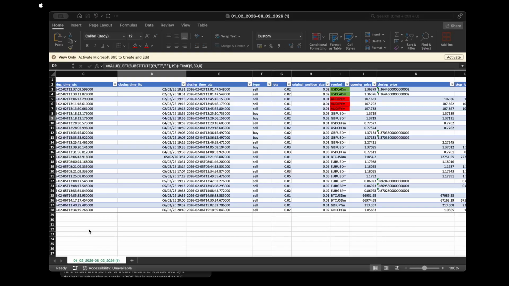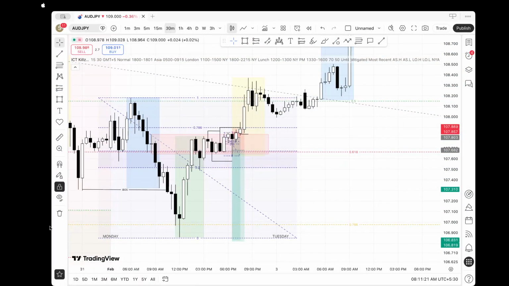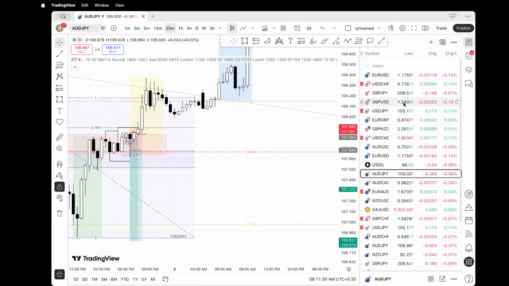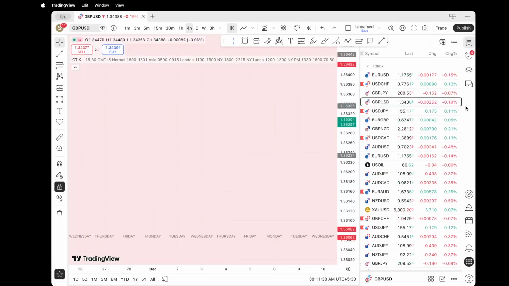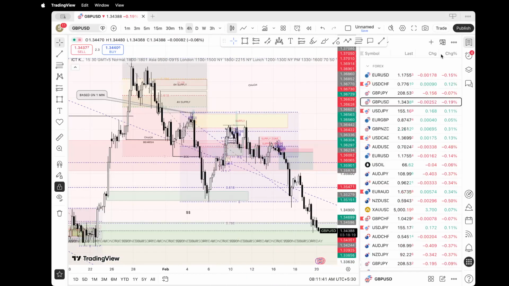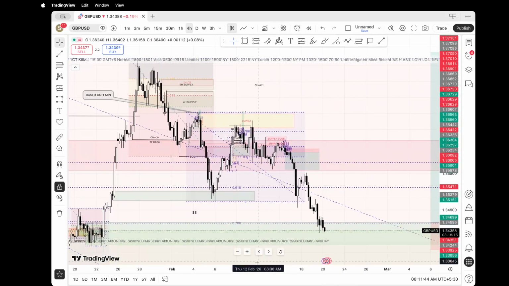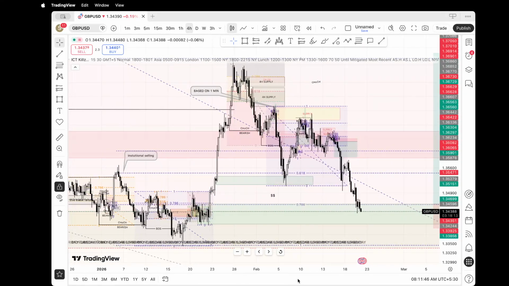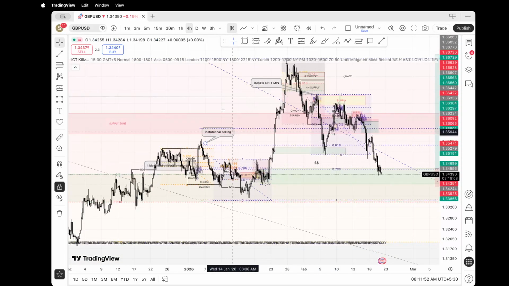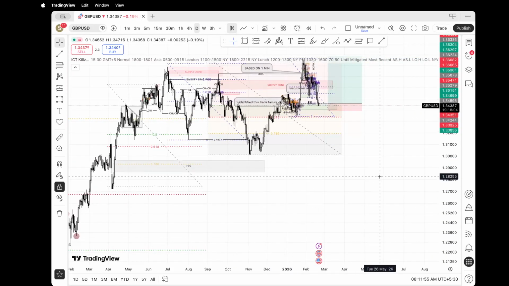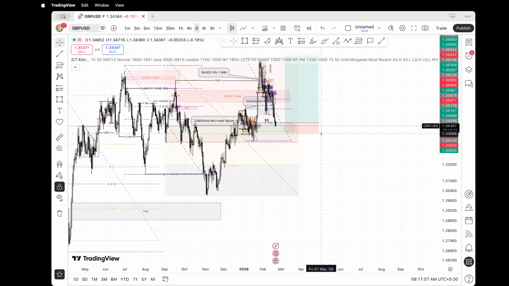Let's jump to TradingView. GBP USD 4th of February, right? Let's open GBP USD first. Sorry. Okay. GBP USD on a higher time frame. Let's just first have a look at it. What do you think it is? It is bearish, but it is in an uptrend, and it came.